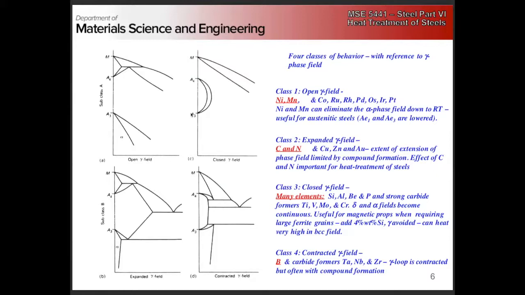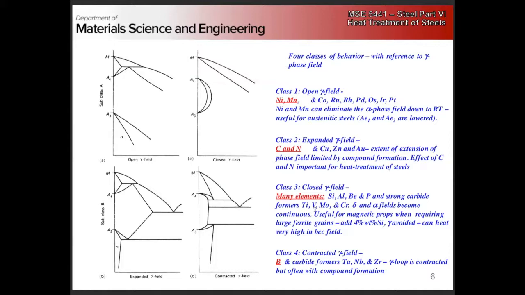And we have the closed austenite field. So where's austenite in here, right? So essentially the delta iron and the ferrite, both BCC phases, become connected, right? And this is our region of austenite stability, right?